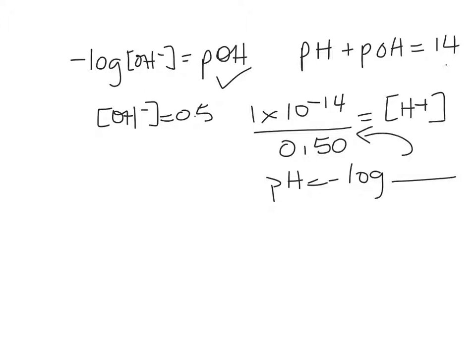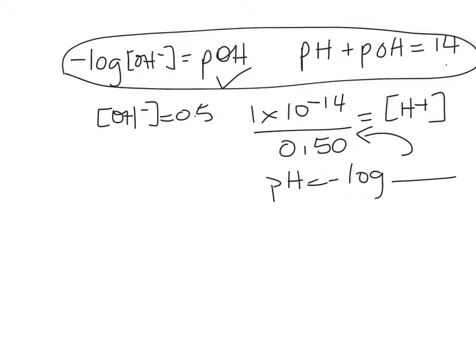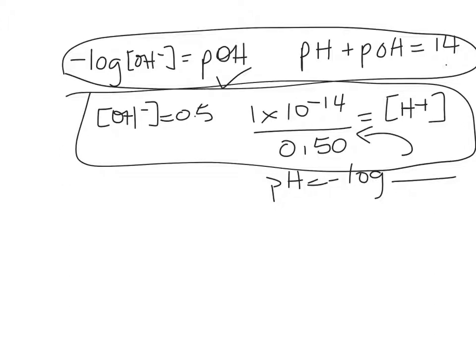So there's two different ways you can do these questions. You either do it this way, or you do it this way. There is a question like this on your final exam.